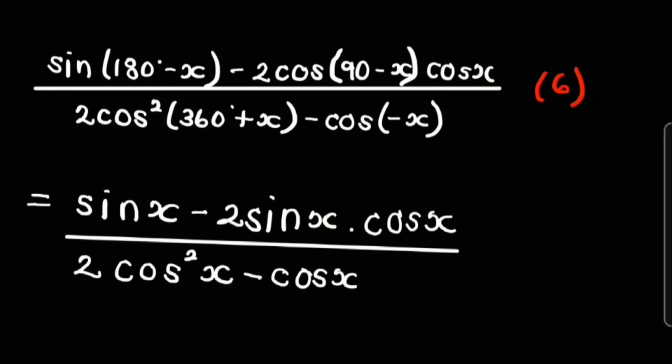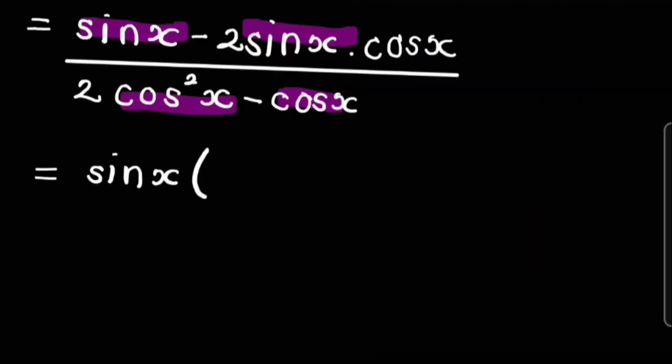Now at this point, we notice that there's something common in both terms in our numerator. Both of them contain sine x. And also, something common in our denominator in both terms, both of them contain cos x. So, let's factorize. When we take out sine x from the first term, we're left with 1.